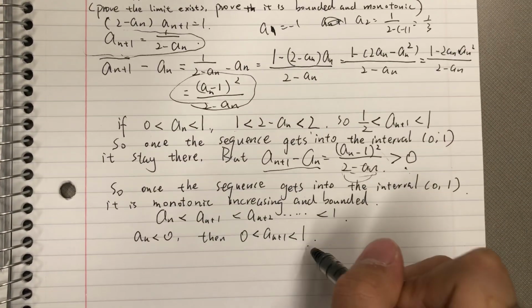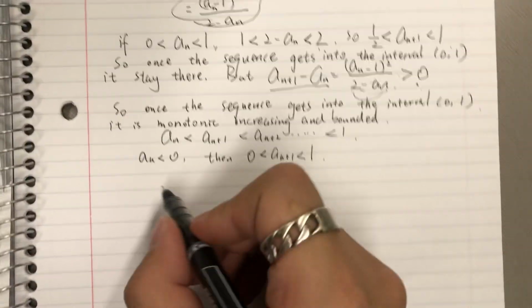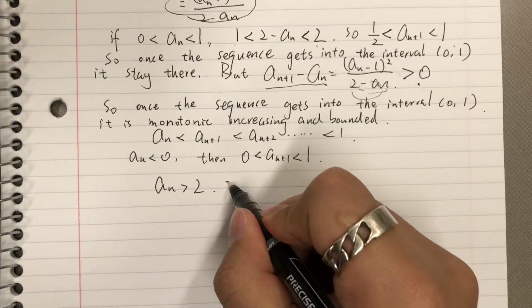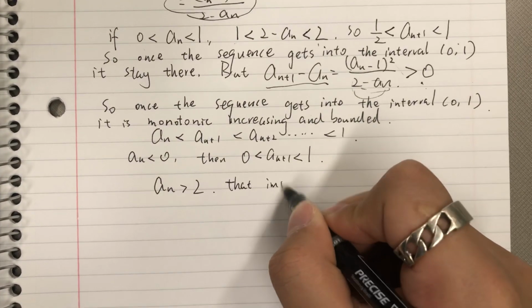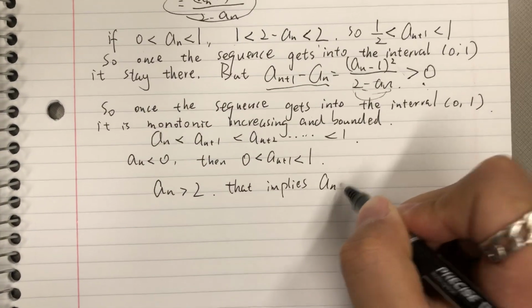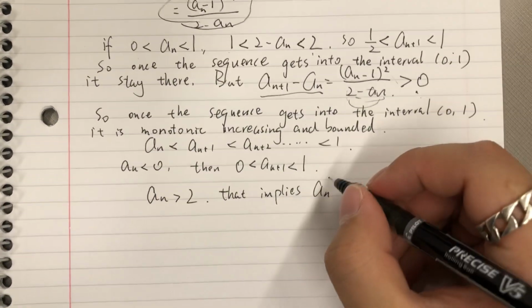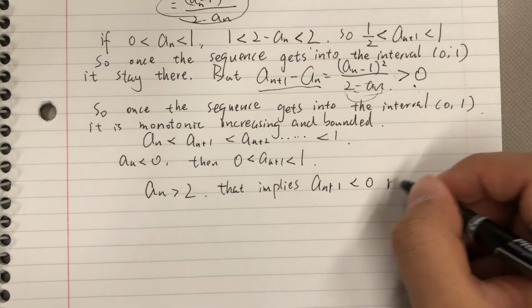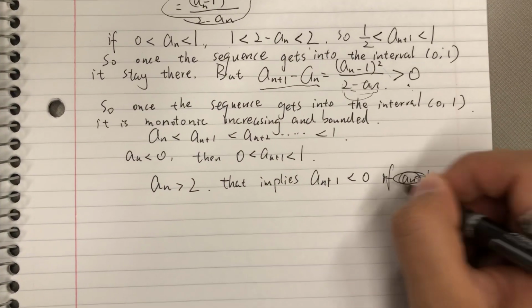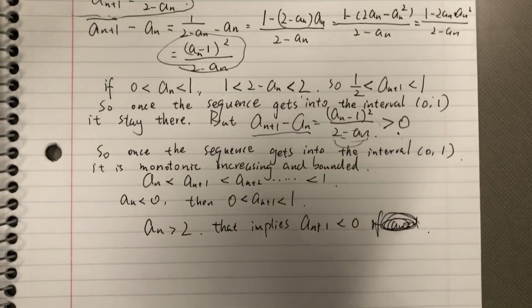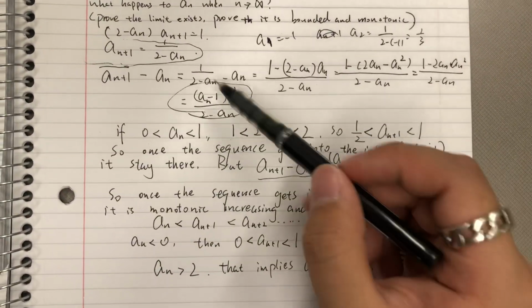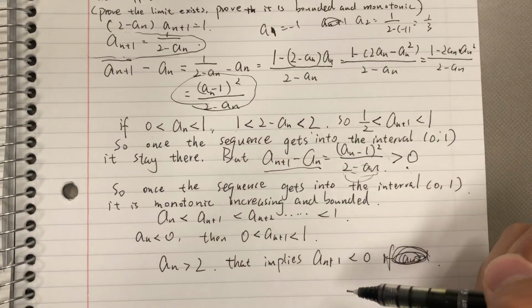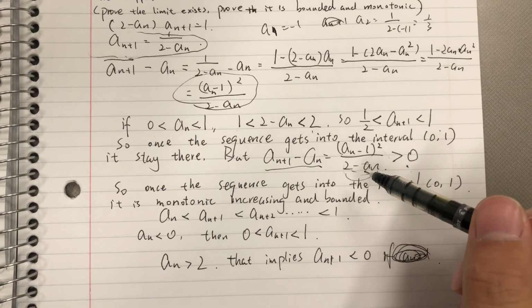It's still between 0 and 1, right? And similarly, when a_n is greater than 2, that implies a_(n+1) is less than 0.